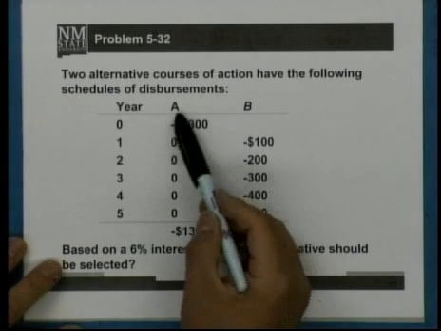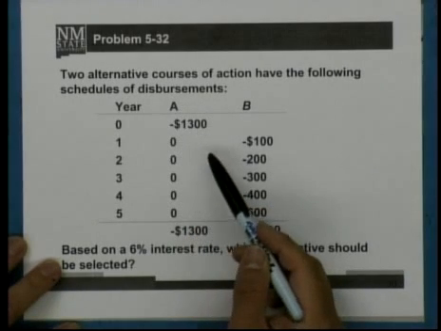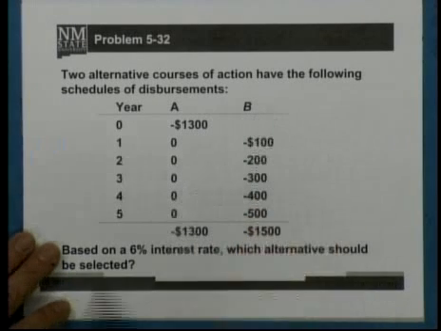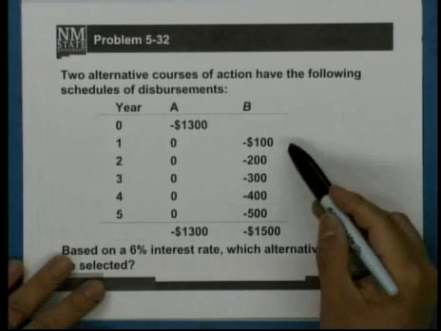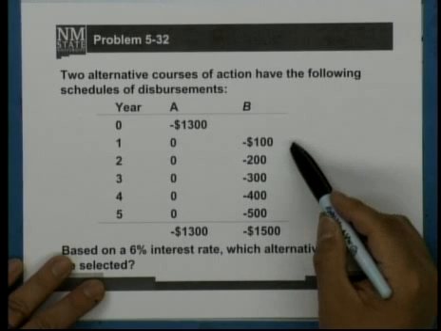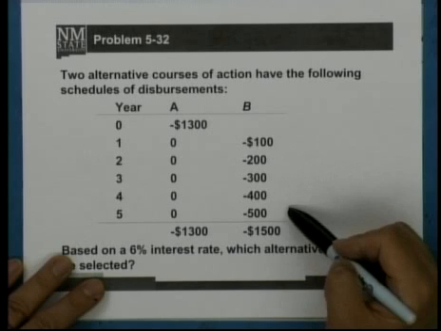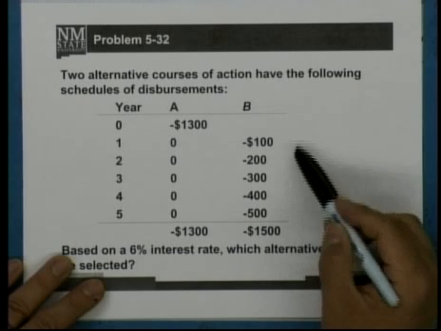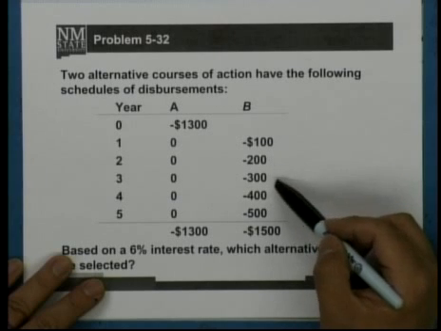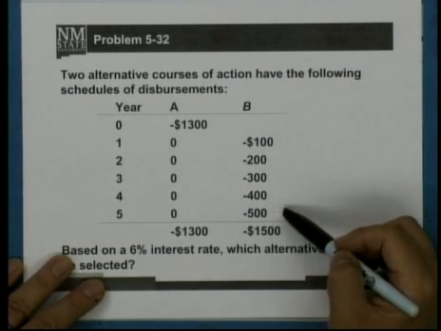So for option A, the present worth of cost is $1,300. And for option B, how do you get the present worth of cost? As you can see here, this cash flow has a uniform amount of change each period, right?